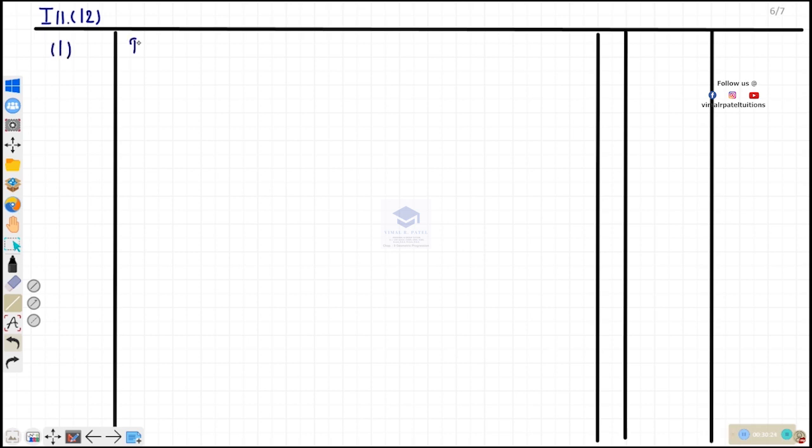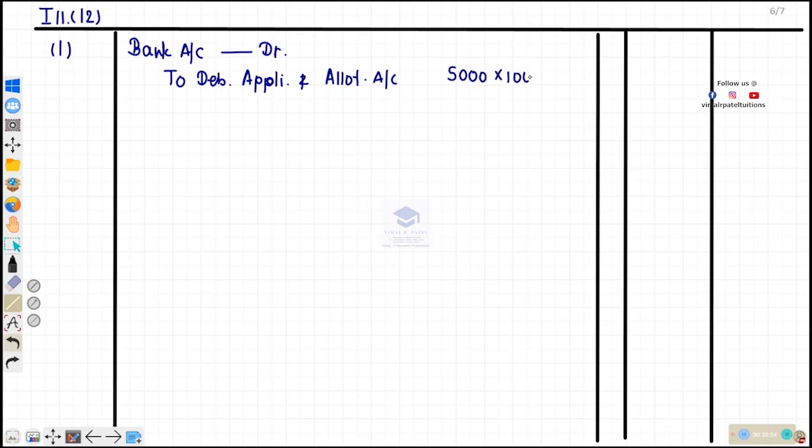Entry will be bank account debited to debenture application and allotment, 5000 into 100.